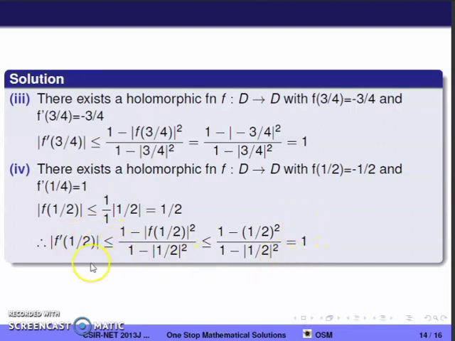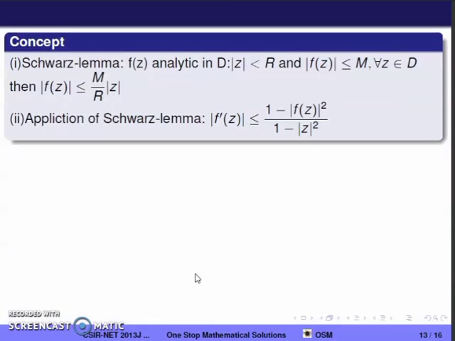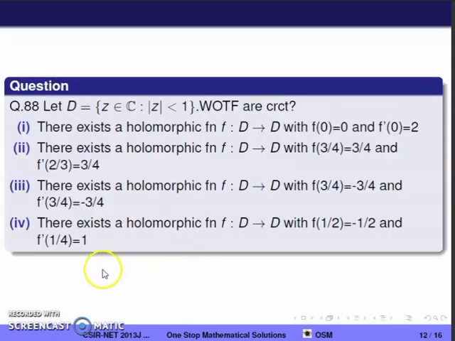But actually it is 1 by 2 here. So we got 1 is equal to 1, but our domain is mod z less than 1. So this does not lie in the domain. So this option cannot happen. So the correct options are 2 and 3.